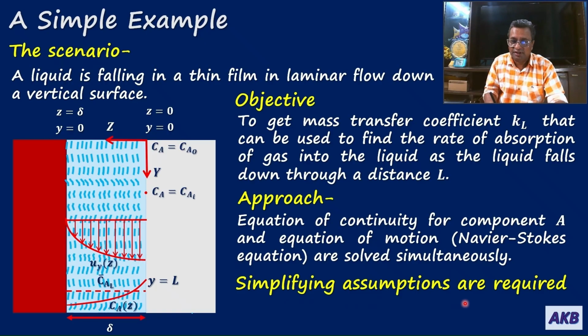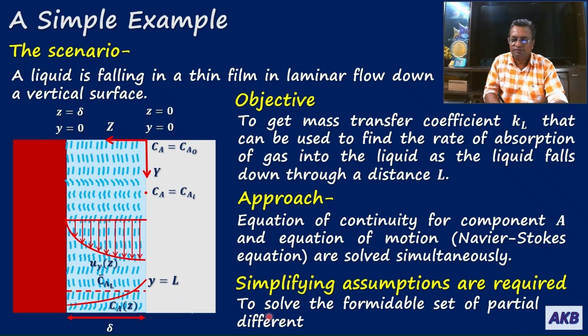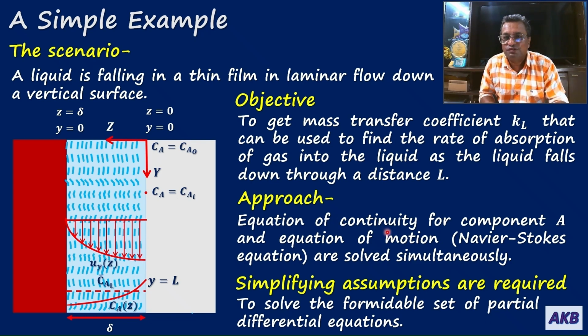Why? Because without these assumptions, we will not be able to solve the formidable set of partial differential equations formed by the equation of continuity for E and the equation of motion. Simplifying assumptions are required to solve these two equations.